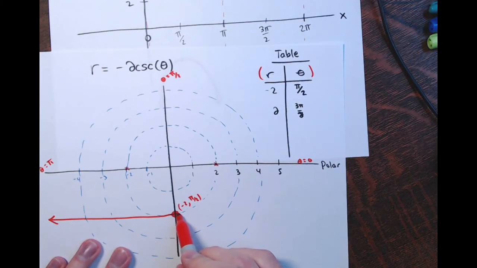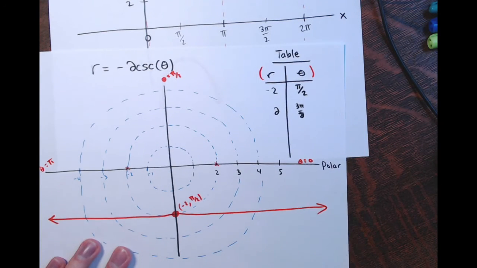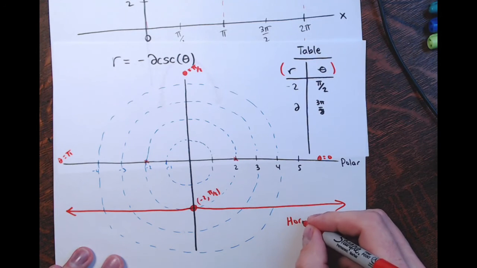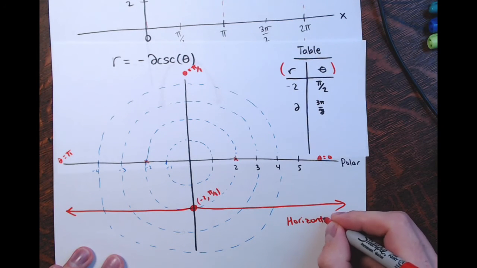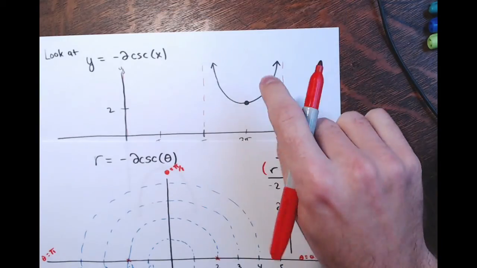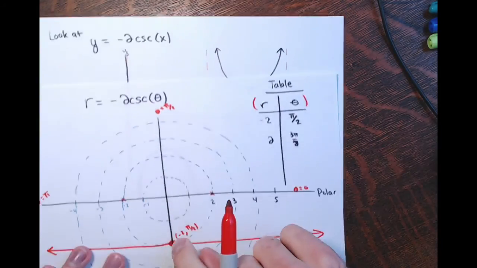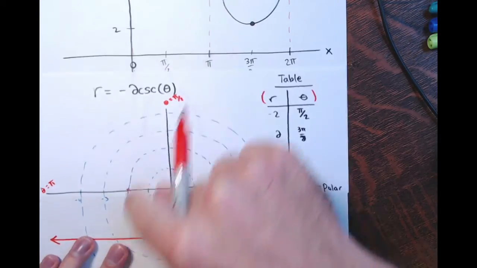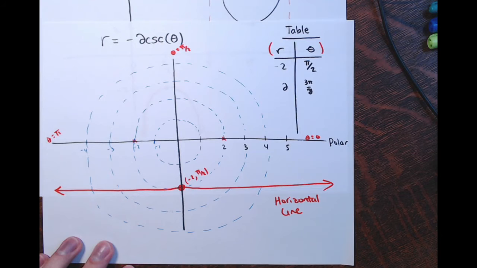So from here out forever, and you get this graph, a horizontal line. And if I were to graph what part of this graph corresponds to the graph up here, it'll be the same exact picture. So I'm going to get a horizontal line here. Basically just y equals -2.